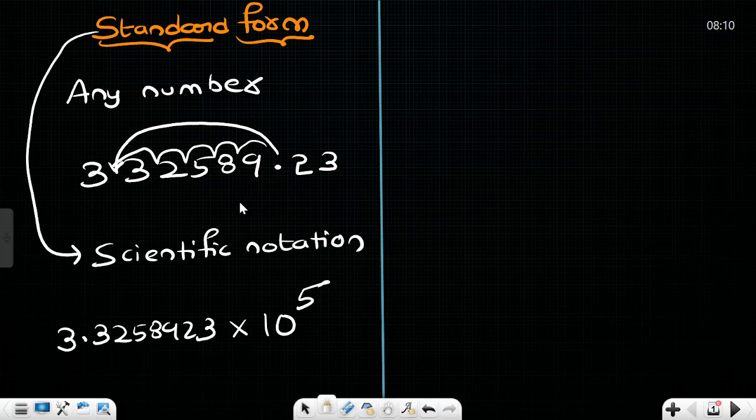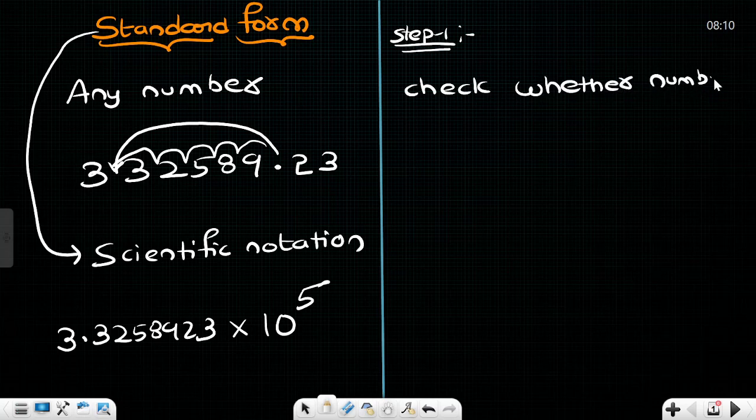All the textbooks and even the calculator use scientific notation only when big values come into the picture. So what are the steps to write a number in scientific notation, sir? Step 1: check whether the number is in between 1 and 10.